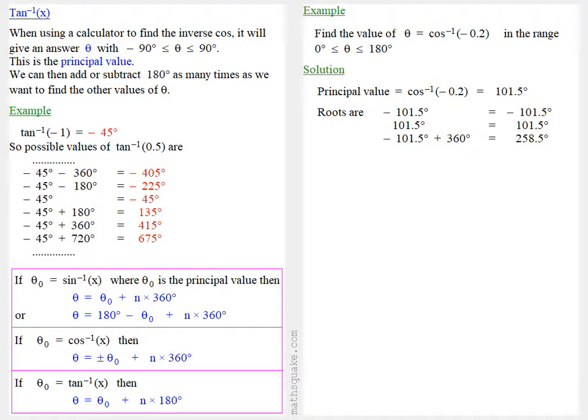Minus 101.5 degrees plus 360, which is 258.5 degrees, lies in the range. Or 101.5 degrees plus 360 degrees, which is equal to 461.5 degrees, is too large. So the values of theta in the required range are 101.5 degrees and 258.5 degrees.